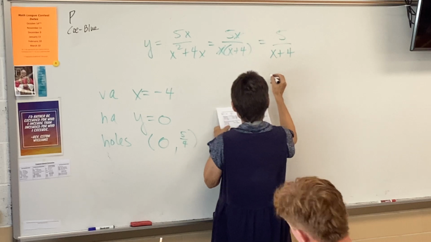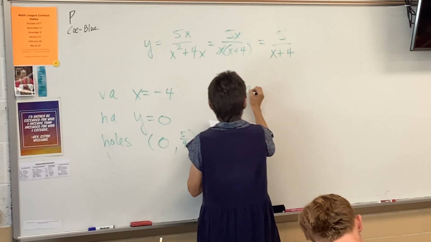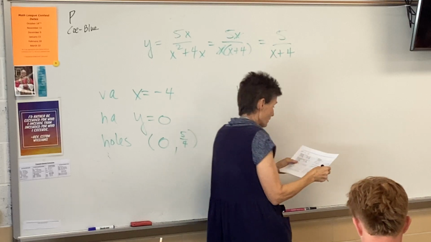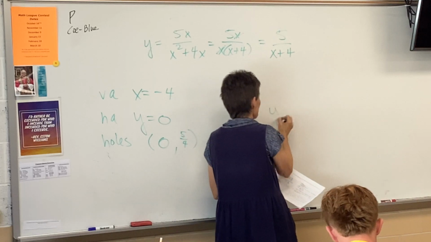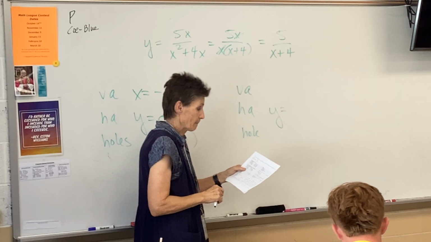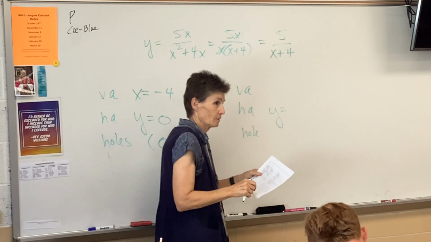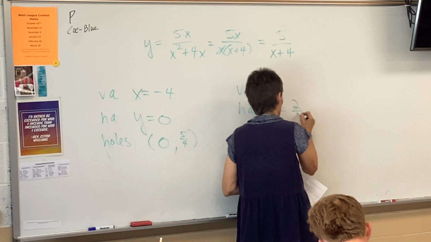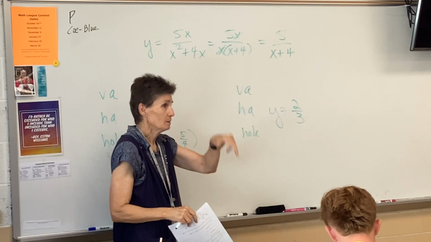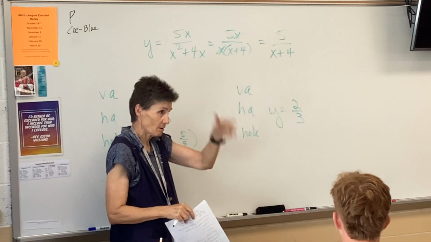And then the last one, first thing I notice about the last one, my x squareds match. So what's my horizontal asymptote? y equals 2 over 3. When the powers match, it's just that ratio, 2x, 3x, there it is, 2/3.